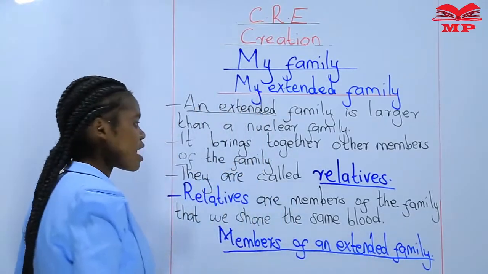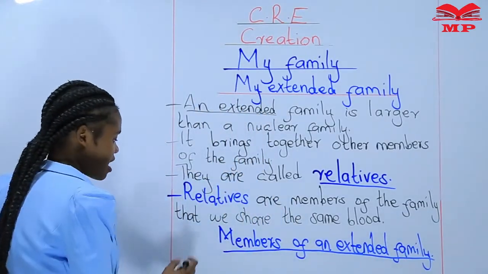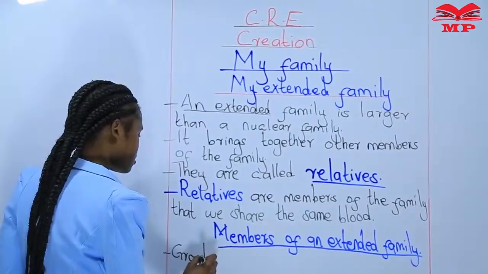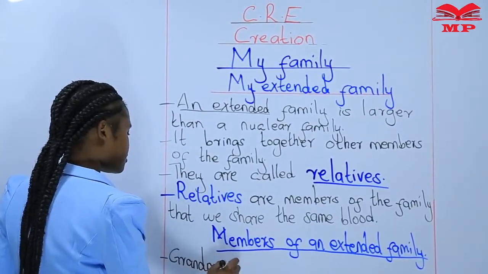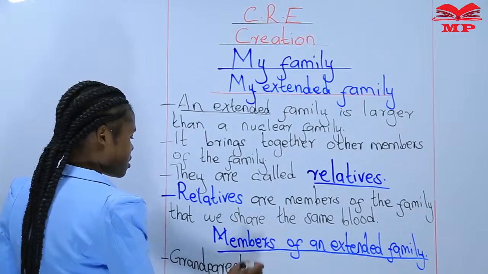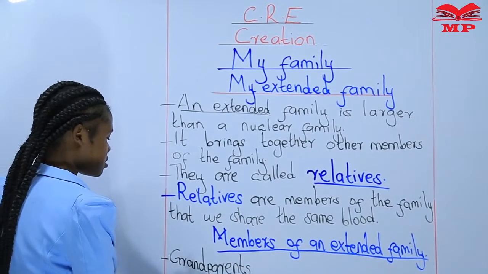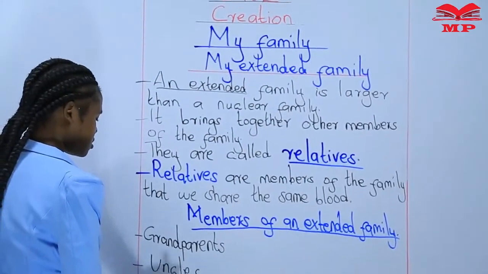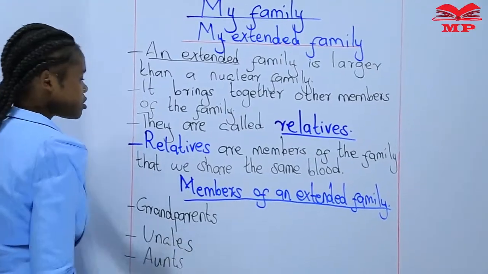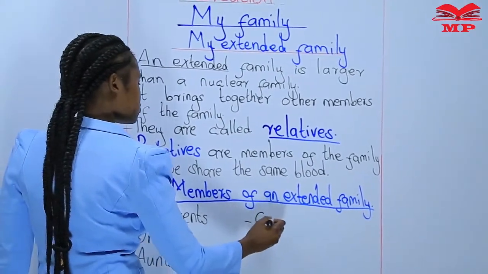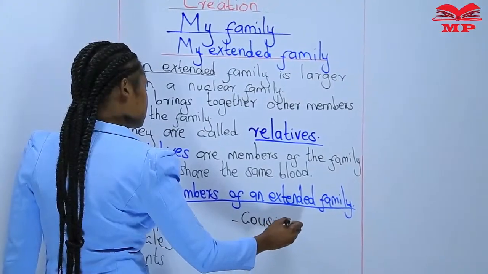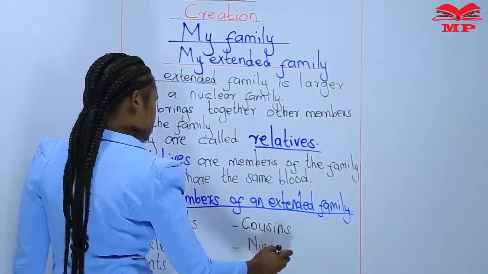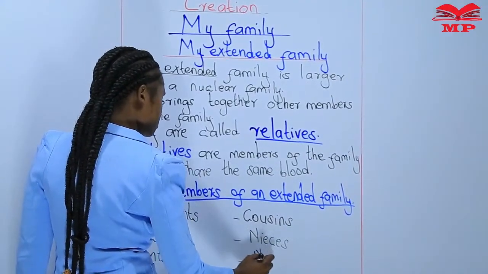So members of an extended family, we have grandparents, then uncles, aunts, cousins, we have nieces and nephews.